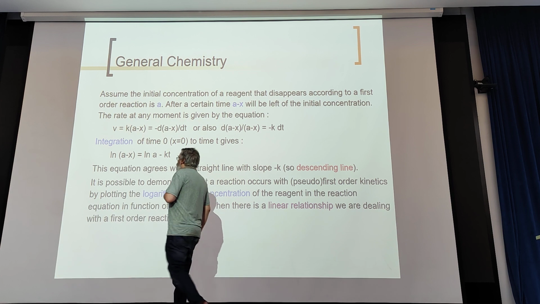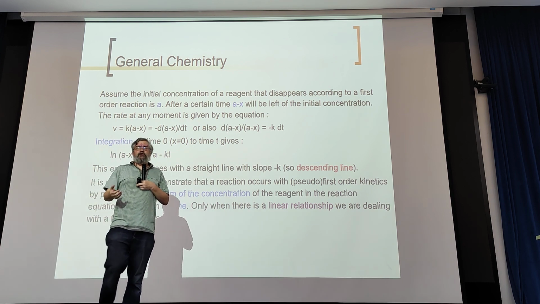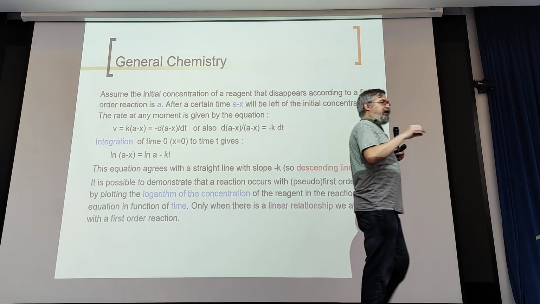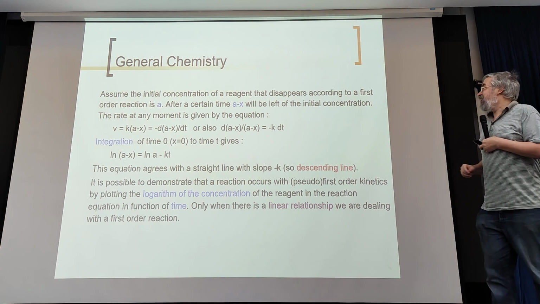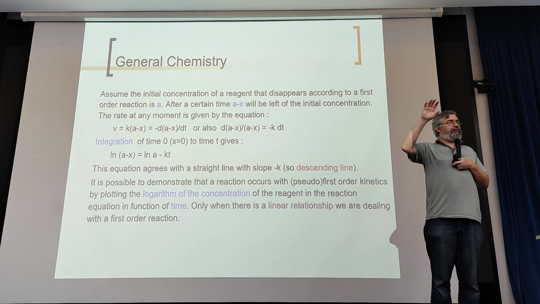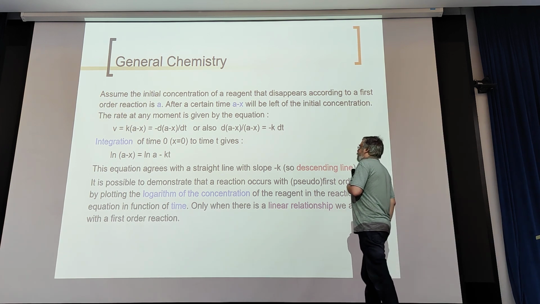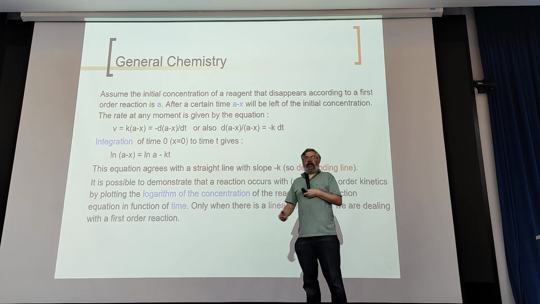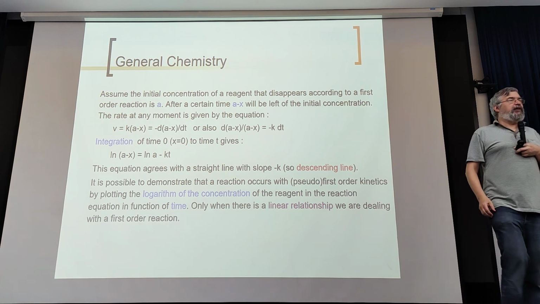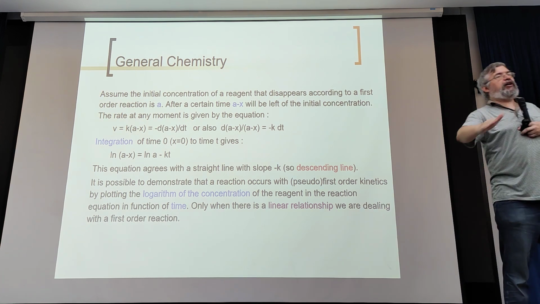And it means now you get the new function after integration, the logarithm of the concentration at any moment, A minus X, that's the logarithm of our initial value A, minus K T. T is time, and time is always a positive number, K is always a positive number, so that means this is a graph that is going down.